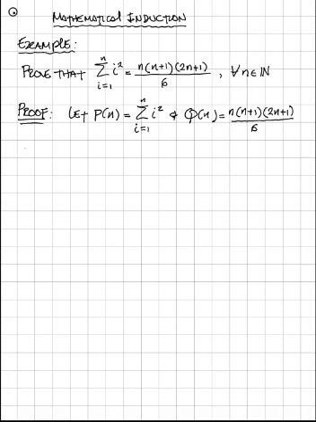First step, when n equals 1. So for n equal 1, we're going to check whether the left hand side is the same as the right hand side. P(1) is the first term of this sum, so it's just 1.